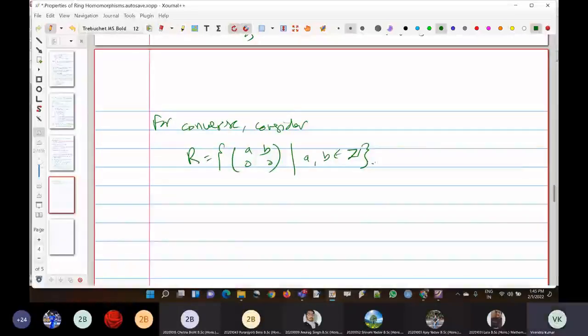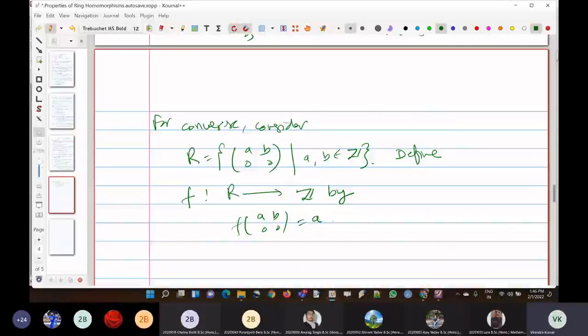Define a map f from R to the set of integers by f of the matrix a, b, 0, 0 equals a.